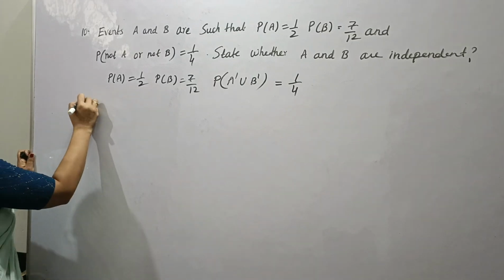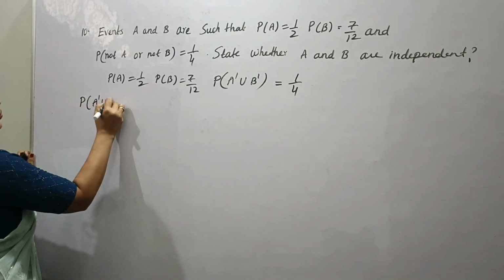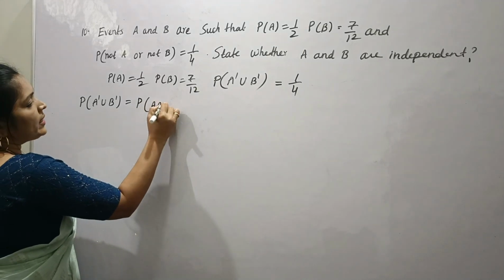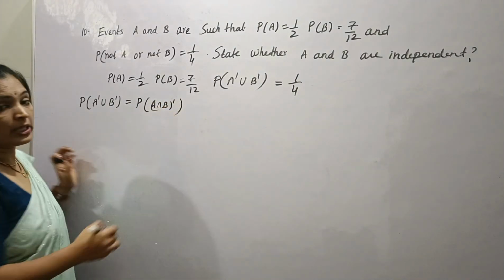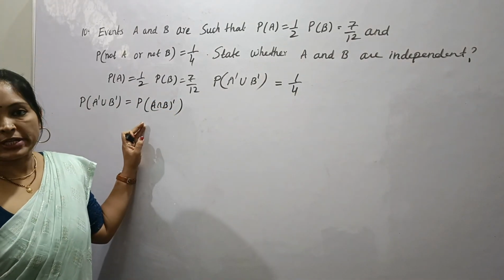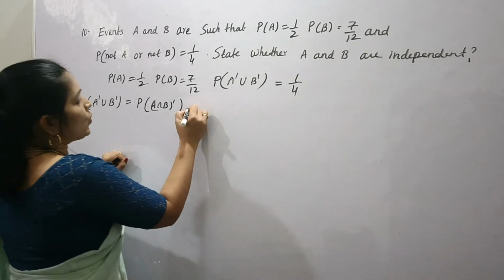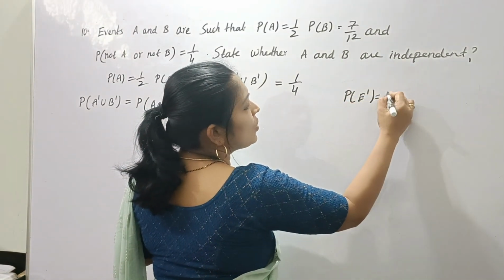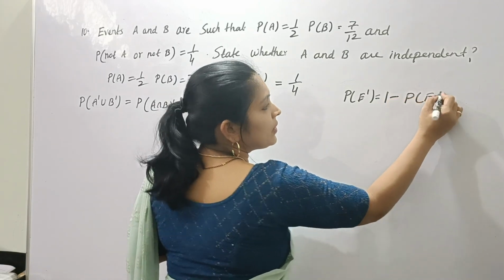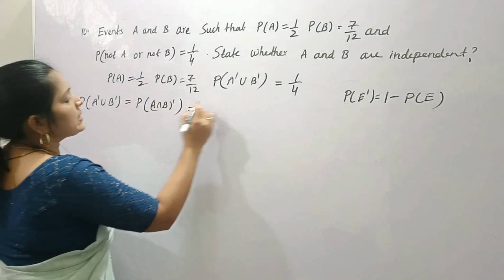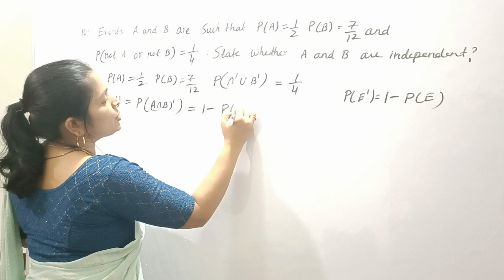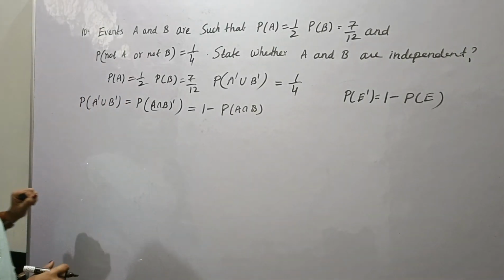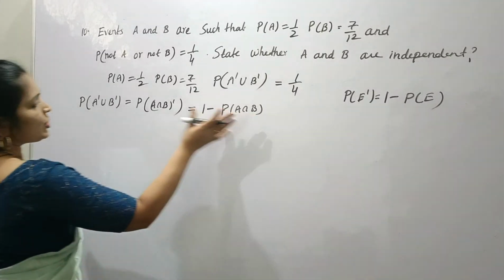So here we know that probability of A complement union B complement is equal to probability of A intersection B whole complement, by the property of complement of sets, right? We know that probability of E complement is equal to 1 minus probability of E, so this can be written as 1 minus probability of A intersection B. So what is probability of A intersection B?